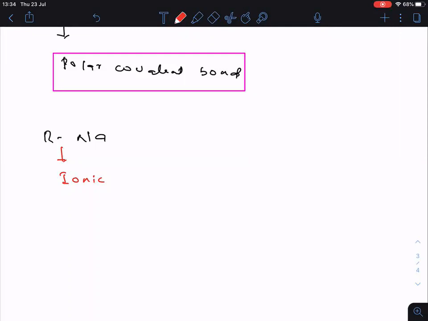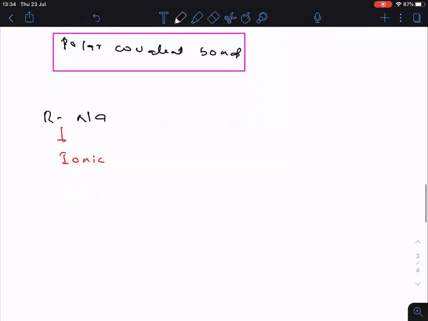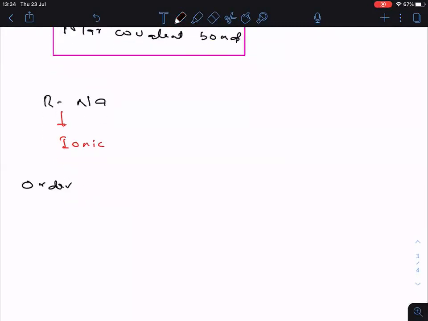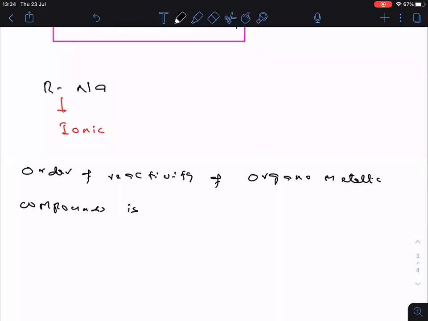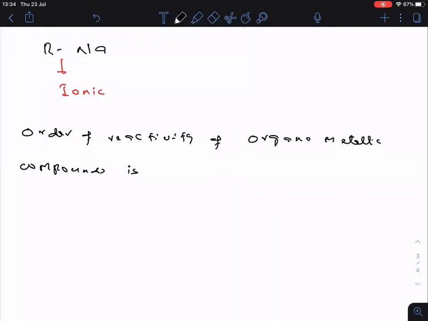So now I want to come to a conclusion like this: the order of reactivity of organometallic compounds is this.